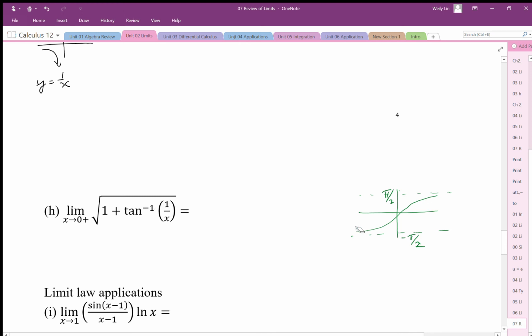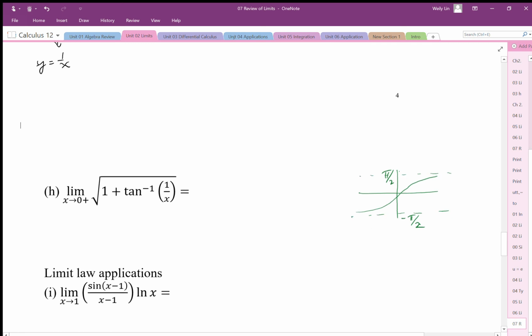Well, this is the arctan graph here. We really should want to have a sense of what the arctan looks like. As x goes to infinity, what's happening to the y-coordinate? It's getting closer and closer to the angle pi over 2. In this case, we just have to use a sense of understanding of this graph to work this out.